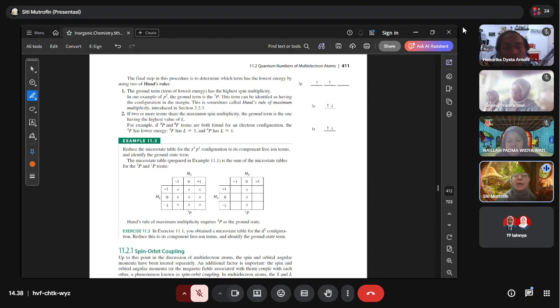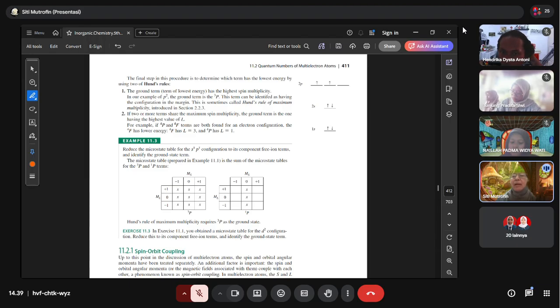All of you already hold the book. So first Hund's rule: the free ion term that has the highest spin multiplicity must be put as the lowest energy state. So 1D, 1S, 3P, only P has the highest spin multiplicity.